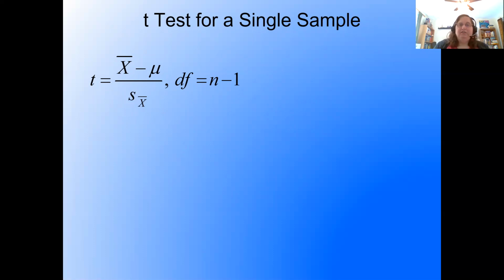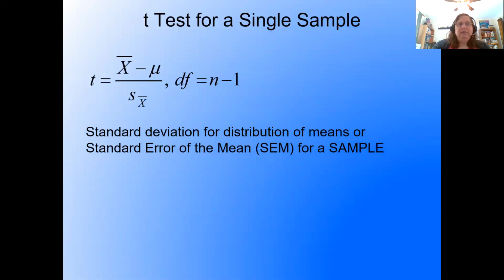Okay. So now we have this S of X bar, which is standard deviation for the distribution of means, or standard error of the mean for a sample. So how do we calculate standard error of the mean for a sample?